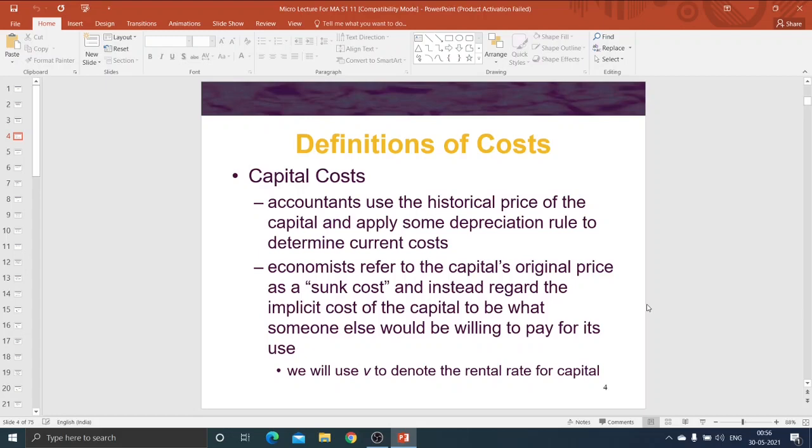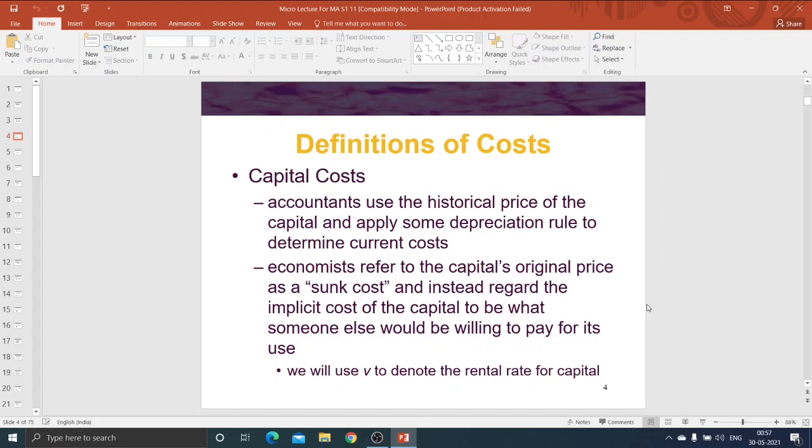So whether you are doing production or not doesn't matter. For example, suppose I am buying a machine, that comes under the category of sunk cost, and what happens is that at the end of the day, whether you start your production or not, the cost is being borne.